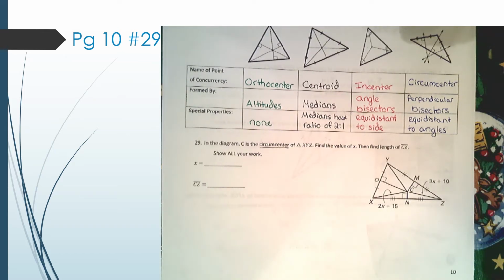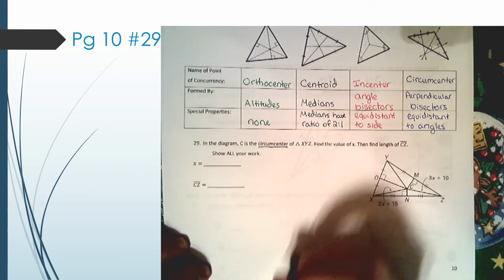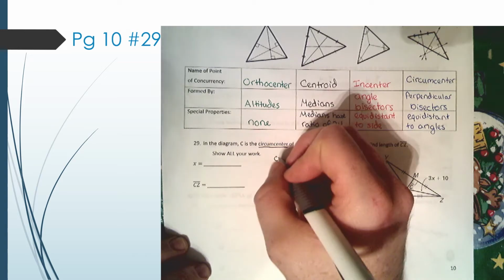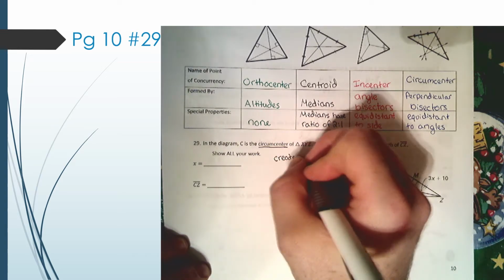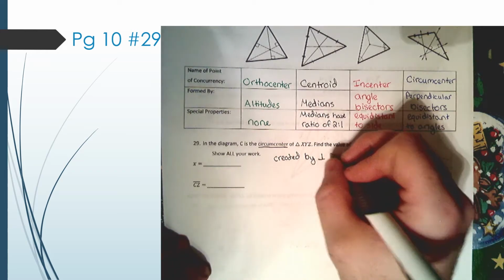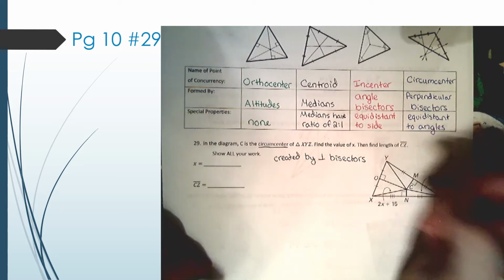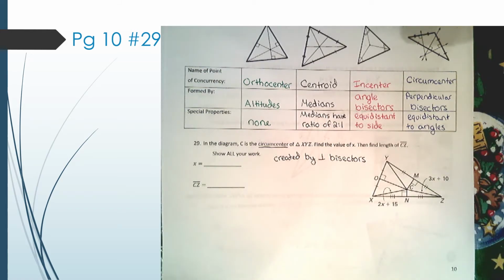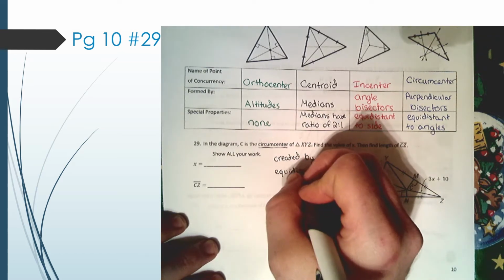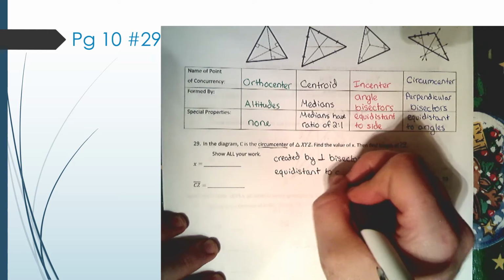So there's two main things that I said we needed to know about circumcenter earlier. One is that it's created by perpendicular bisectors. That's one thing that we should know about circumcenter. The other is that it's equidistant to the angles.